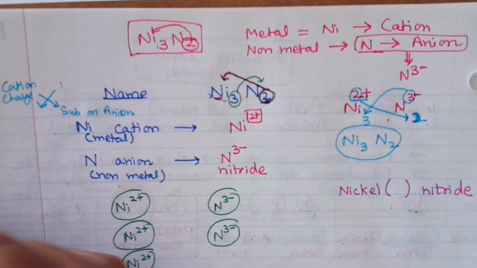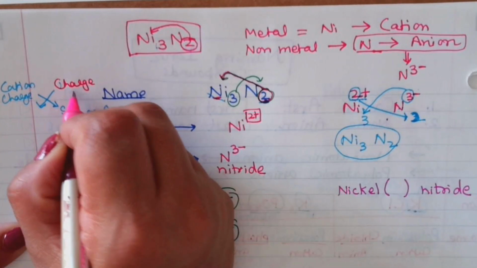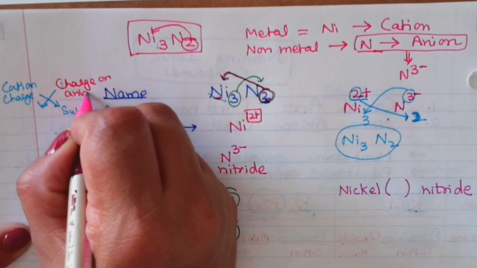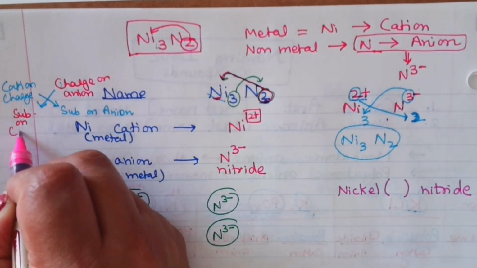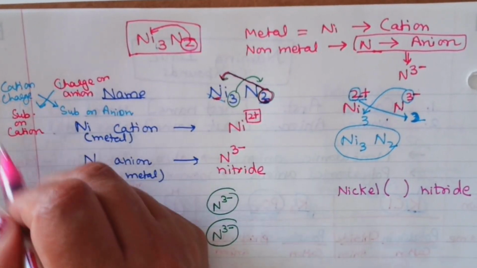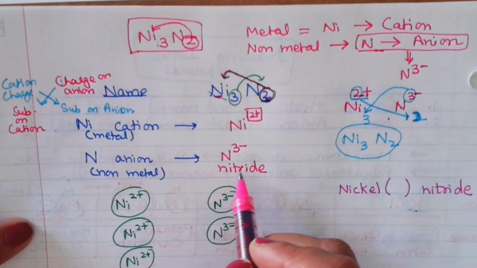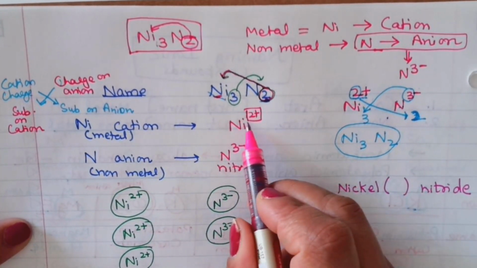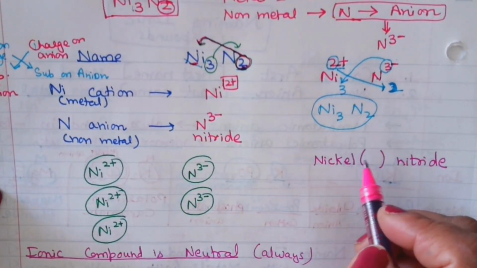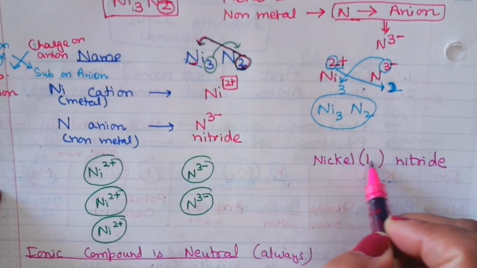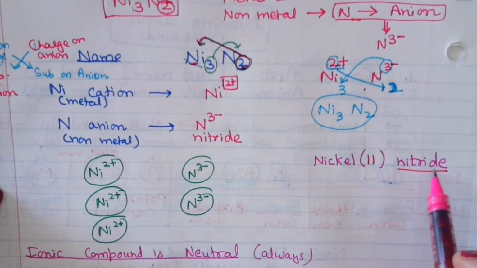Take the charge on the anion and make it a subscript on the cation. So this is how we write down the neutral formula for the compounds, right? So now we know the charge. Nickel has a 2+ and nitride ion. So we will name this compound nickel(II) nitride, because the charge is 2+, nickel(II) nitride, right?